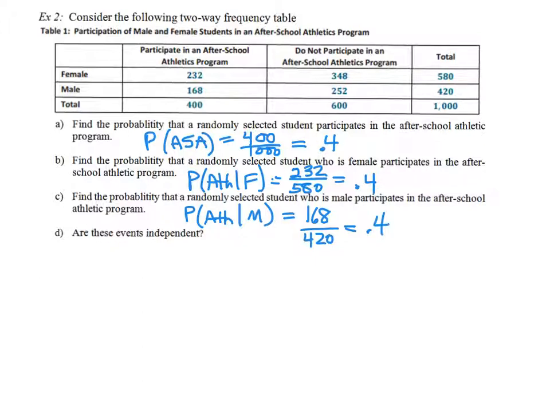So because both of the conditionals were equal to the probability of just being in an after-school athletic program, that tells me that these events are independent. So for both of these first two examples, I used the first test for independence.